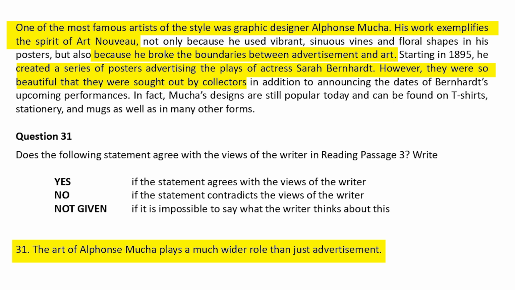That clearly shows that his art went beyond simple advertising. It became part of popular culture, and it blurred the line between commercial design and fine art. So the correct answer is yes. The statement agrees with the views of the writer. Mucha's work wasn't just advertising. It had artistic value and cultural impact far beyond that.